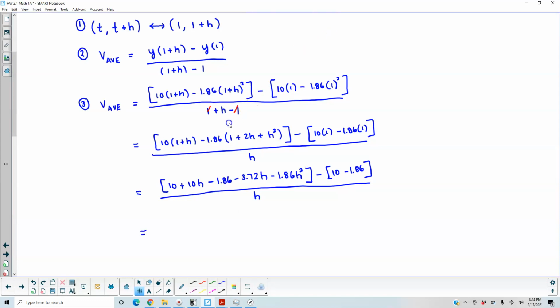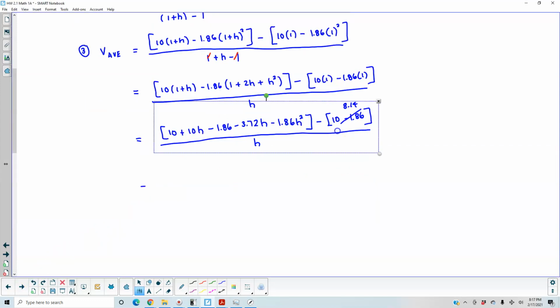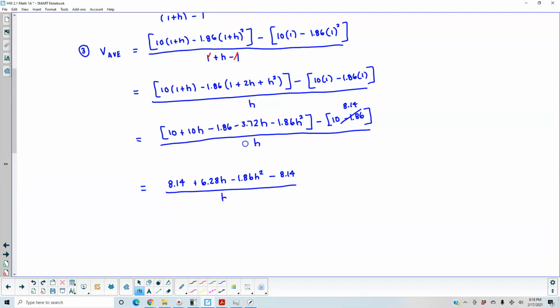So let's combine like terms in our numerator. We have 10 minus 1.86, which is 8.14, and 10h minus 3.72h is plus 6.28h minus 1.86h squared, minus 10 minus 1.86, which is 8.14, divided by h.